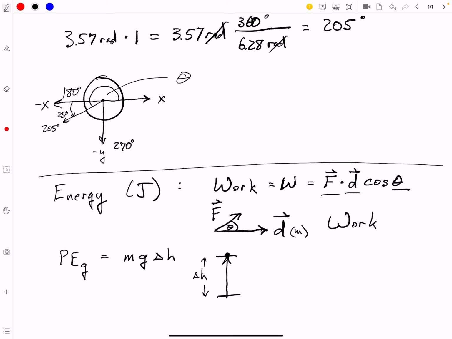That object has a potential energy that can be used when it drops back down. And that potential energy is m times the gravitational field at this point times the height. So there's its mass, there's the gravitational field, and there's the distance that it's traveling.